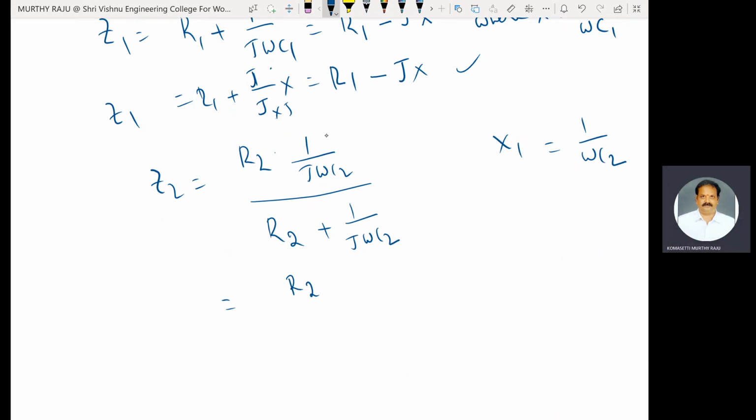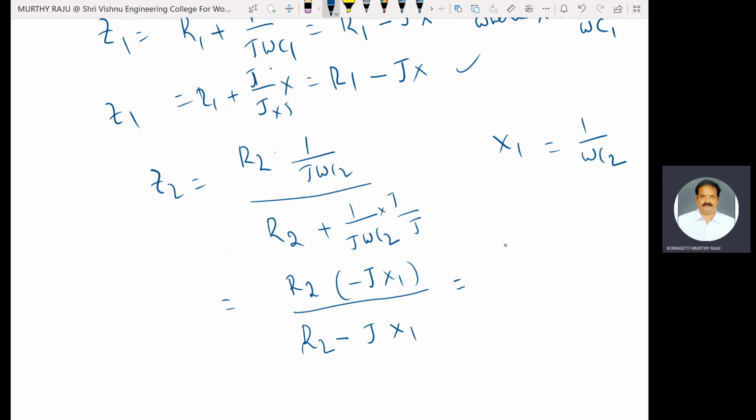Numerator and denominator are multiplied by j. j square is minus. 1 by omega C2 is X1.